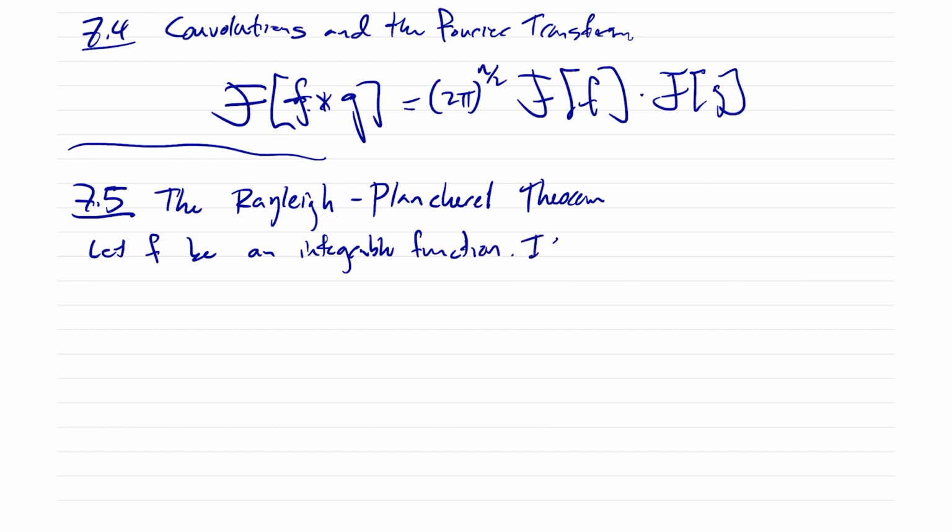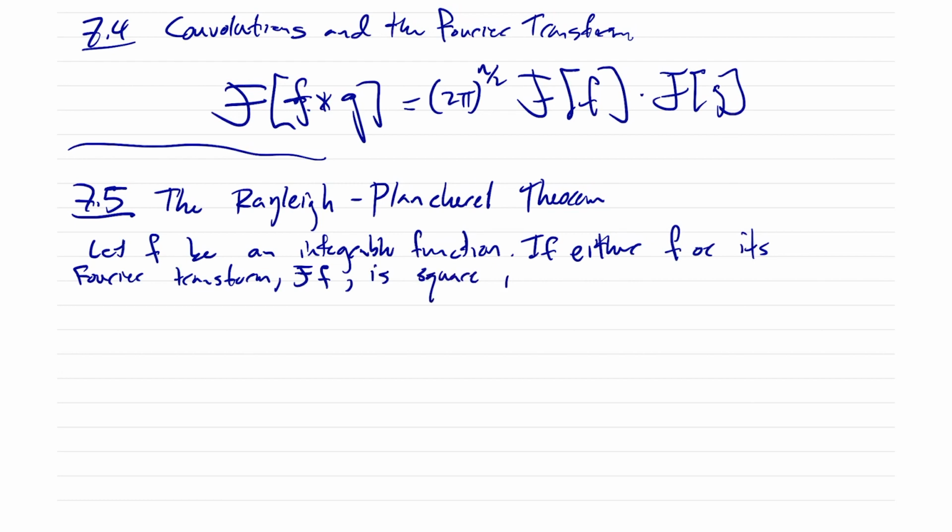And so if either f or its Fourier transform, which is curly F of f, is square integrable, then so is the other.